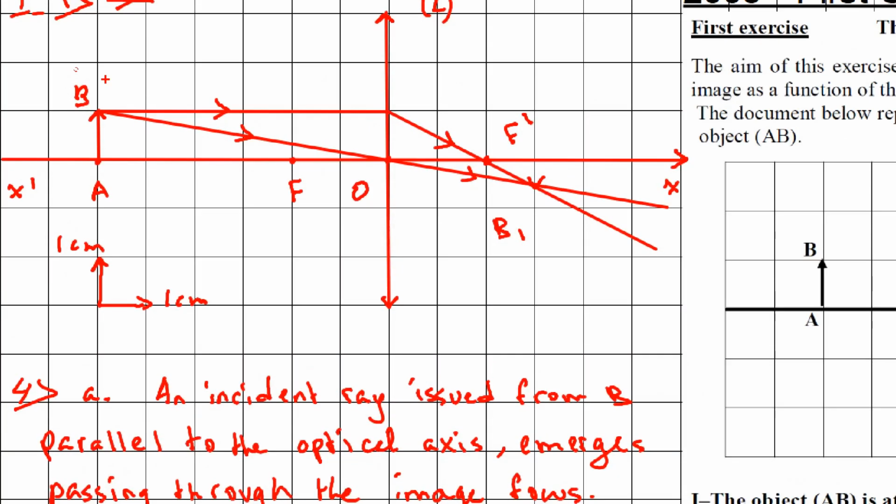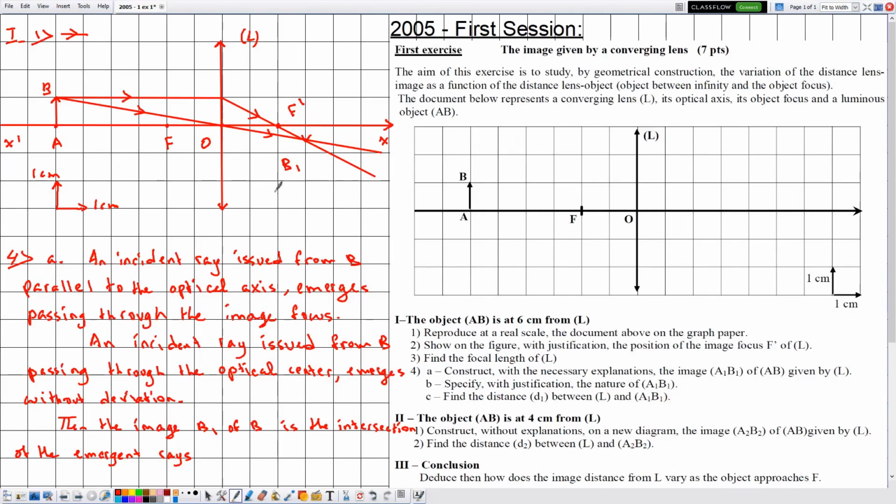In this case, the point A represents the foot perpendicular of B on the optical axis. Then A1, the image of A, will represent the foot perpendicular of B1 on the optical axis. So this is A1, and now let's trace the image A1, B1.